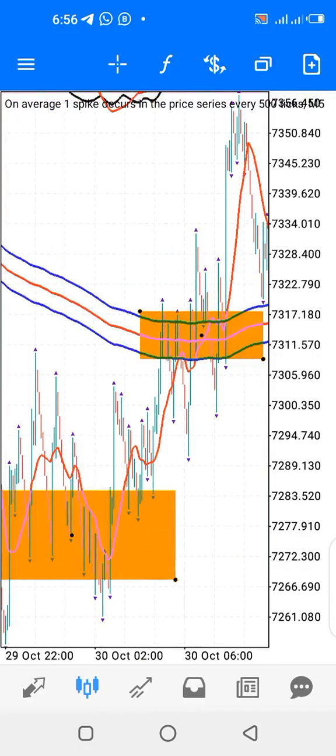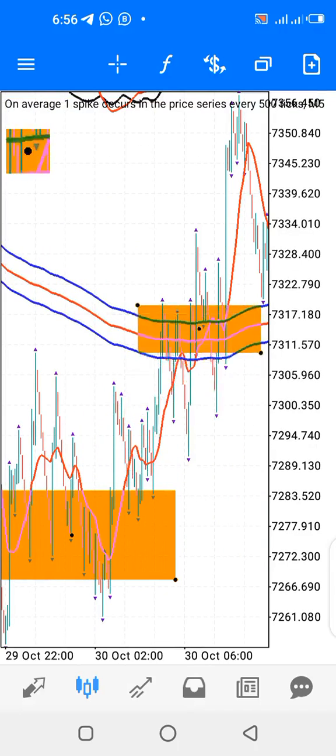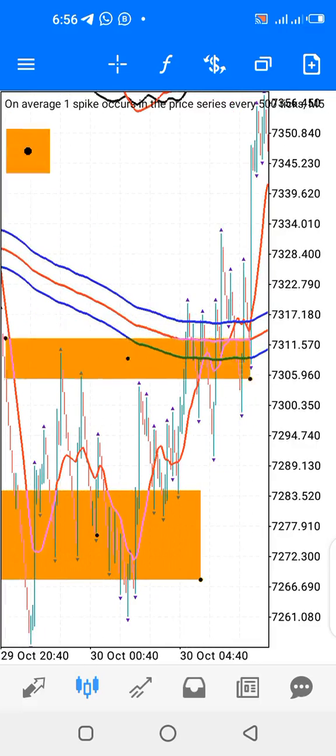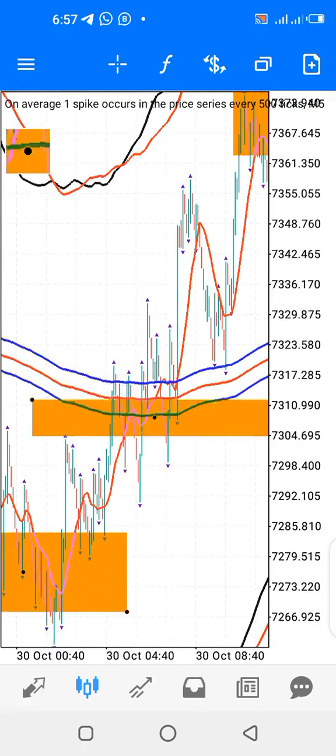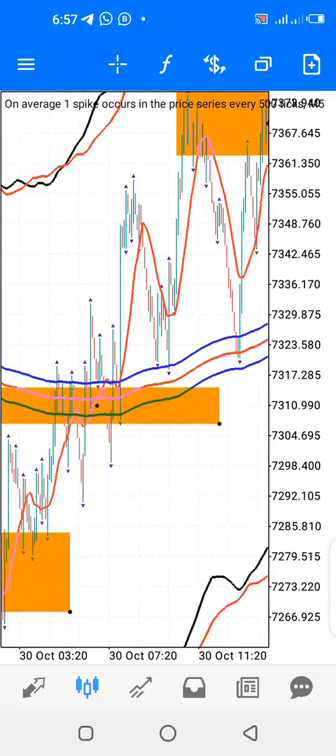You now see price trickling up towards the 200 moving average, and you also have a breakout. Like this is your high. You have a breakout of the high towards the 200 moving average band, then you can catch your spike.